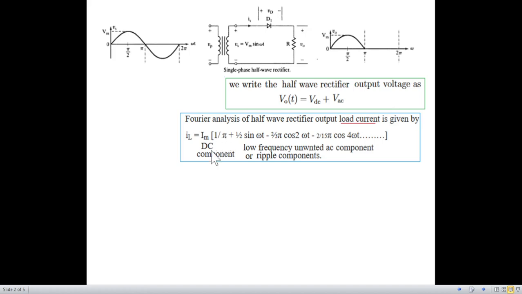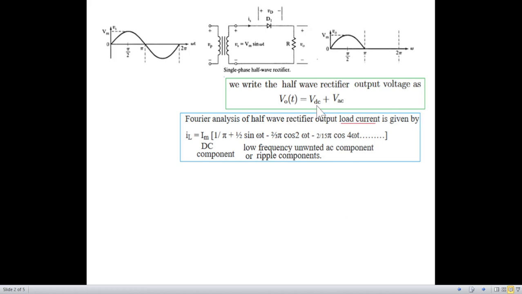That means this is the DC component and these are the AC components or the harmonics of the sinusoidal signal. Basically, these are the low frequency unwanted AC components or the ripple components, which apparently we can't see here, but this is present when we analyze this signal through the Fourier analysis.